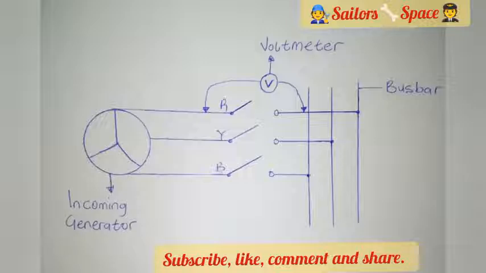According to this diagram, it shows a picture of an incoming generator, a voltmeter which is connected, then we have a bus bar in an open circuit. So before you do this, you must ensure that you check and you understand the circuit diagram of that particular switchboard.